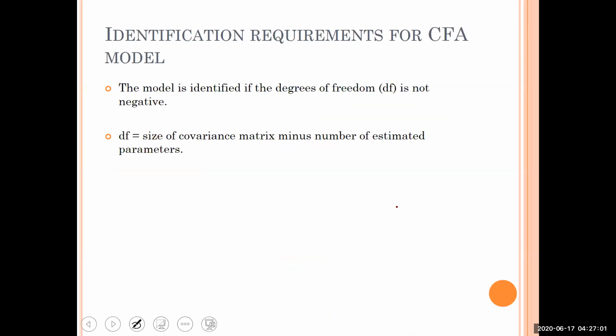Now, identification requirement. The basic identification requirement of all structural equation models is that degrees of freedom is non-negative. Now, let's look at our job satisfaction model here. So I have job satisfaction here with 3 indicators.